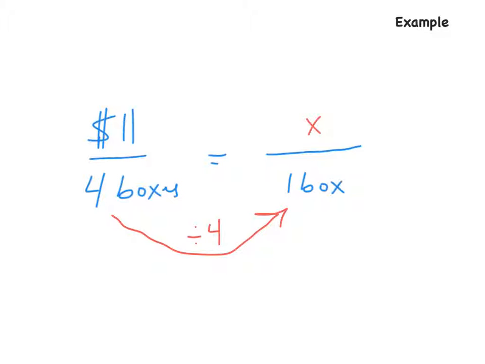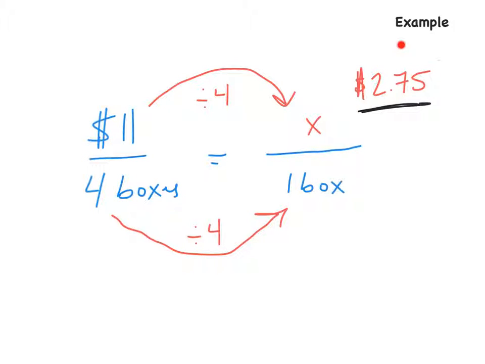So if I divide by 4 in the denominator, I have to divide by 4 in the numerator. So what is 11 divided by 4? 11 divided by 4 is $2.75. So in this case, 1 box costs $2.75.